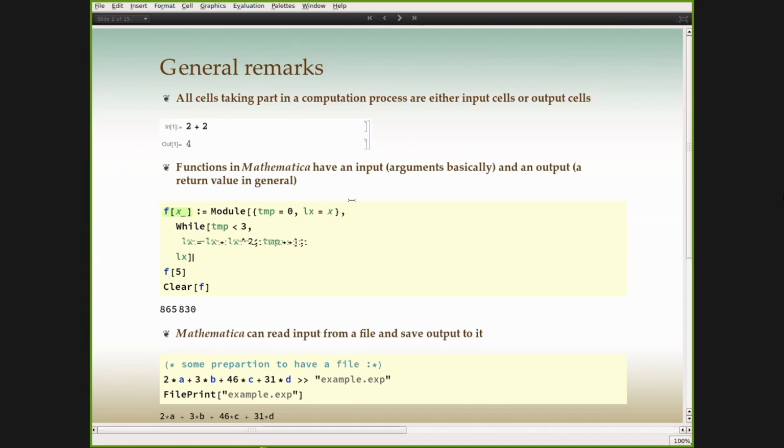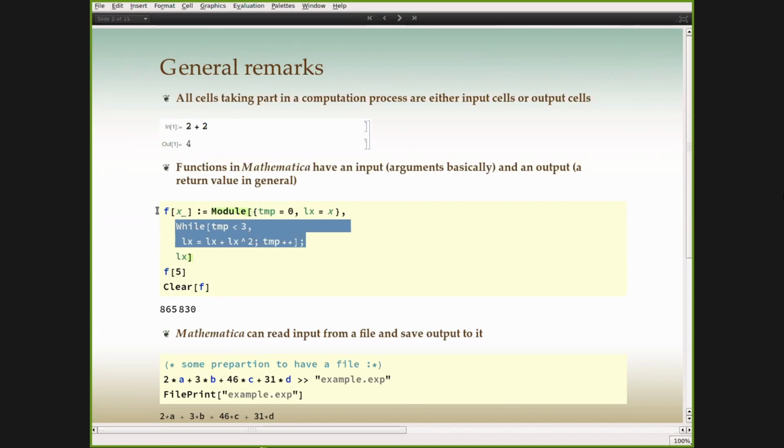Not always does the function return a value, but quite often we have such a situation. And here you have an example of such a function. Just to recall, if you would like to build functions which behave more like procedures, then you can use the Module function, which allows you first of all to define the local variables which can be initialized, and then specify the operations that should be done during the function computation.